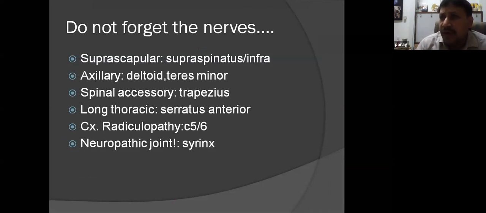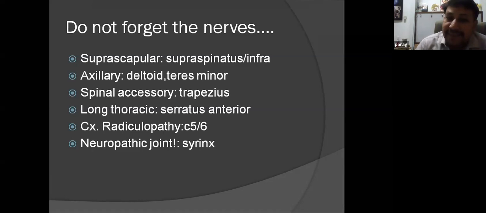But we must also examine what is called a neurological examination around the shoulder. You must understand that there are these five or six situations that you need to look at. You have the suprascapular nerve, which supplies the supraspinatus and the infraspinatus. You have the axillary nerve that supplies the deltoid and the teres minor.